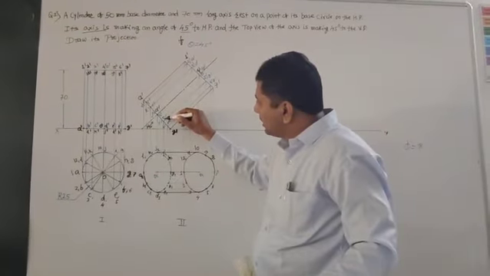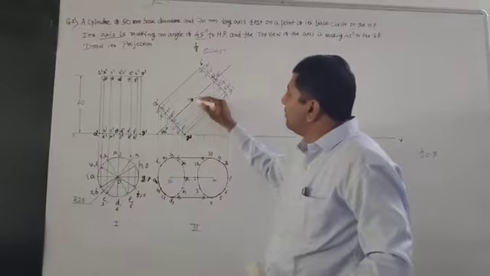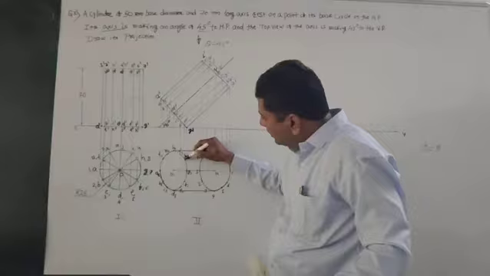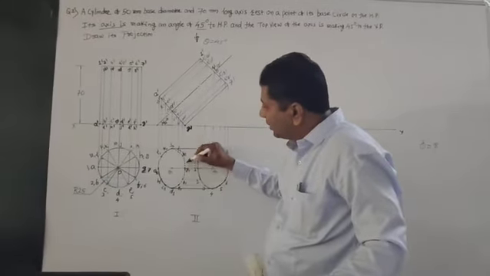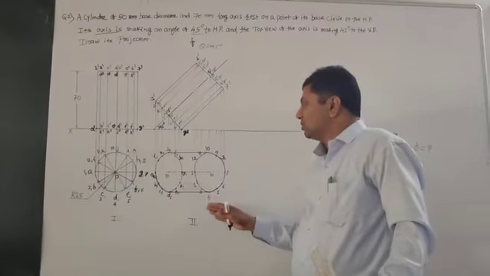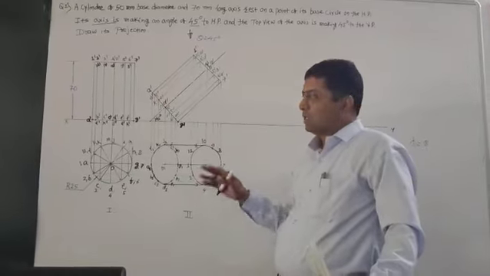So here my points are E dash, I dash, H dash, F dash, G dash. They are very far away from the observer. That's why these points you have to show by dotted line. So this is stage number 2. In stage number 2, your solid will appear like this in the front view and top view.